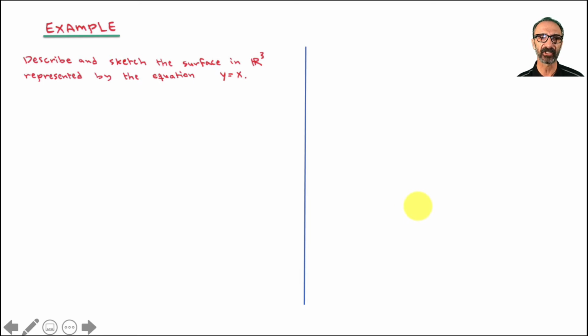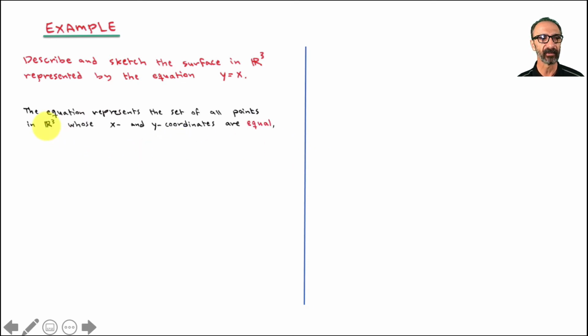Describe and sketch the surface in R to the third represented by the equation y equals x. That's more interesting than the first ones. So the equation represents the set of all points in R to the third with the condition given to you: the y and x coordinates are exactly the same.